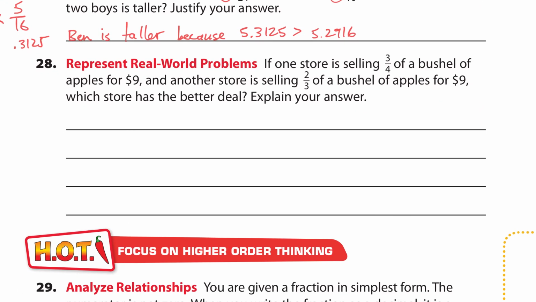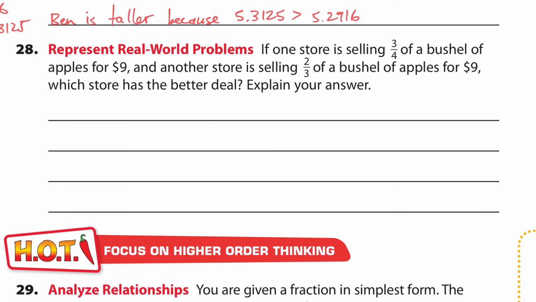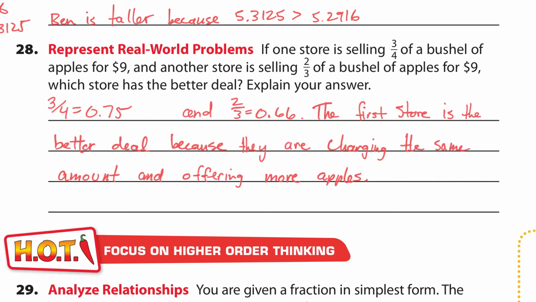Next, 28. If one store is selling 3/4 of a bushel of apples for $9 and another store is selling 2/3 of a bushel of apples for $9, which store has the better deal? Explain your answer. Well, let's see. So 3/4, and changing that into a decimal, and changing 2/3 into a decimal, we can now compare the two decimals.